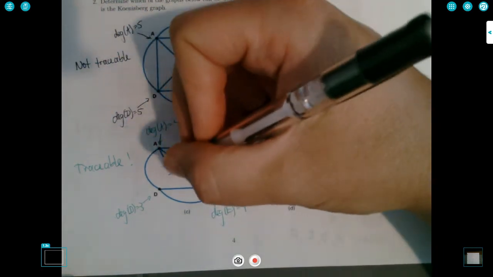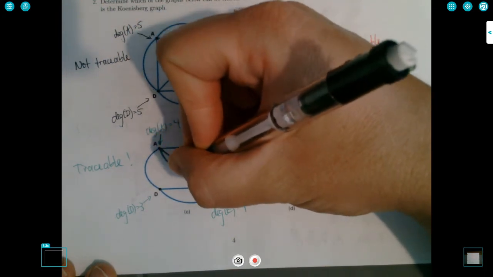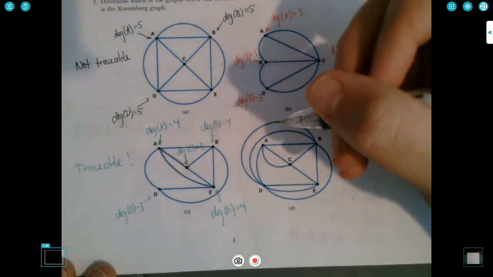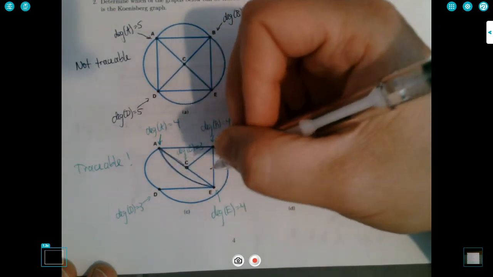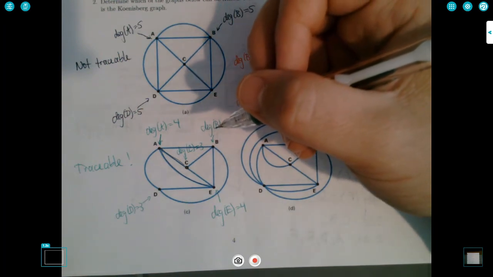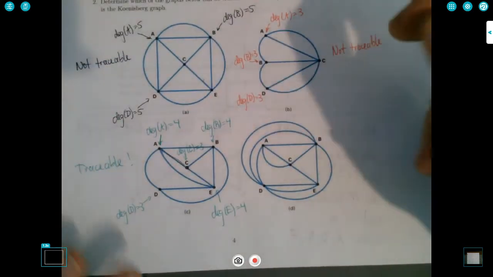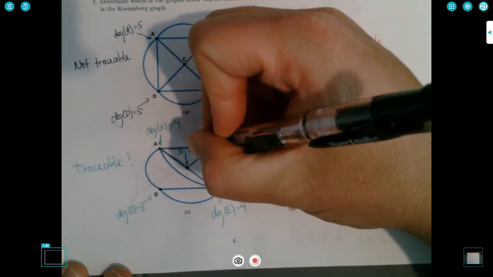I have no idea how this is going to go, but I can go this way and this way. Oh, I've painted myself into a corner already. So I'm going to go this way, then over this way. How about that?